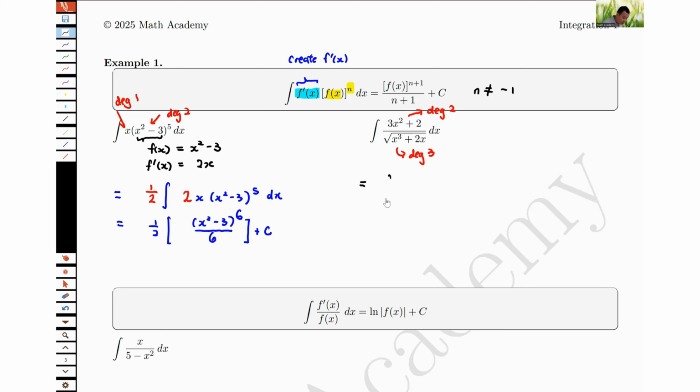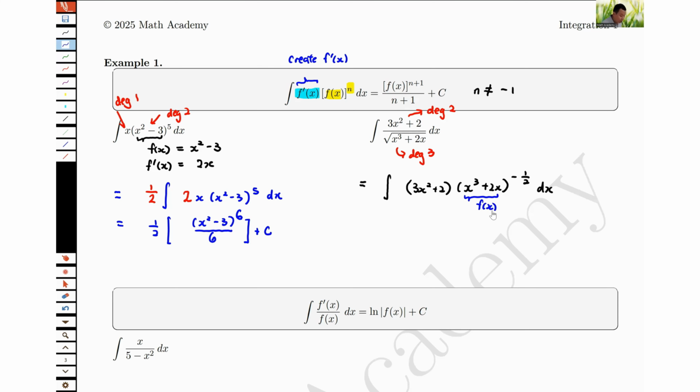So when I rearrange this equation, the 3x squared plus 2, we write it on the left. Square root is treated as a power. In particular, square root is a power negative half. Then simplify your equation. Again, this is your f(x).